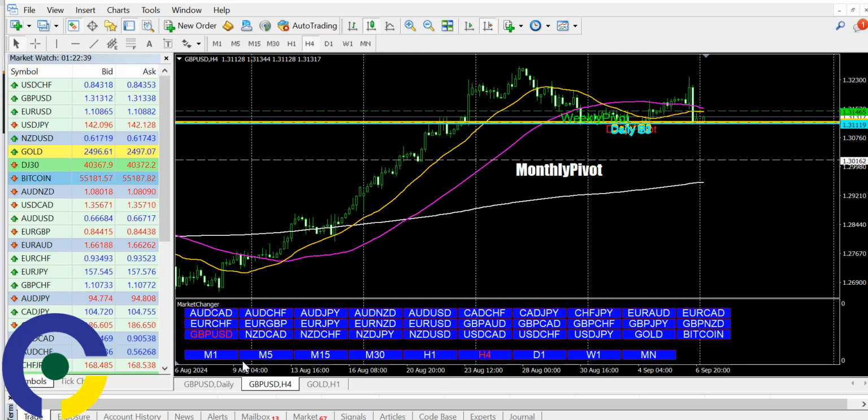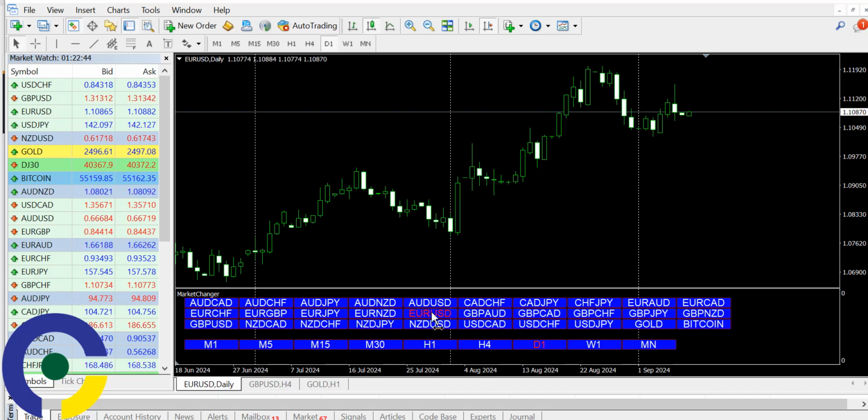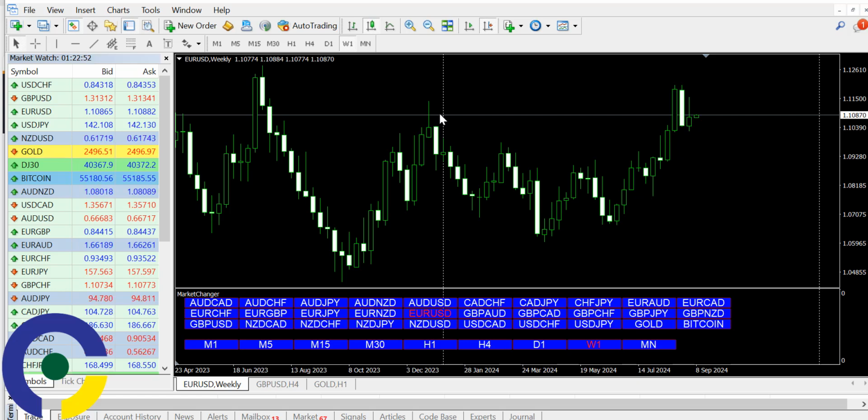So now let's switch over to Euro USD. And on Euro USD weekly, we have a different scenario playing out here. Yes, last week it formed an inverted hammer there, trying to counter what happened the week before.